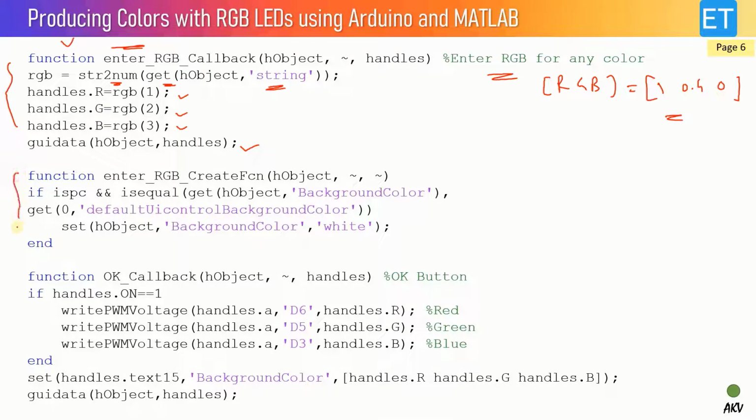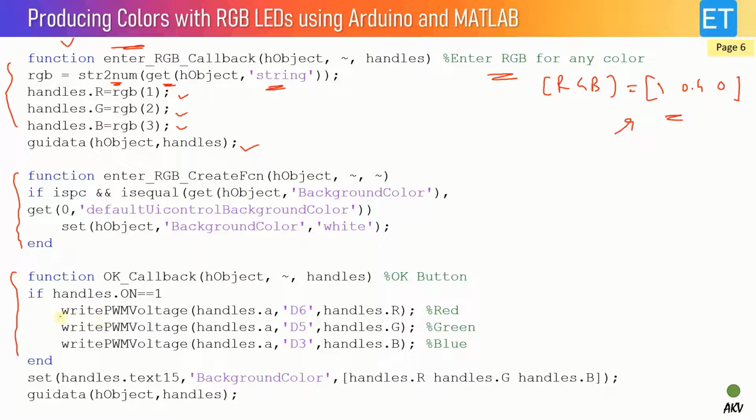And these are the default lines. You don't need to change anything here. And here, this is your OK button. When you press this OK button, your LED glows with the defined RGB value. So obviously you have to send these RGB values to the Arduino board.